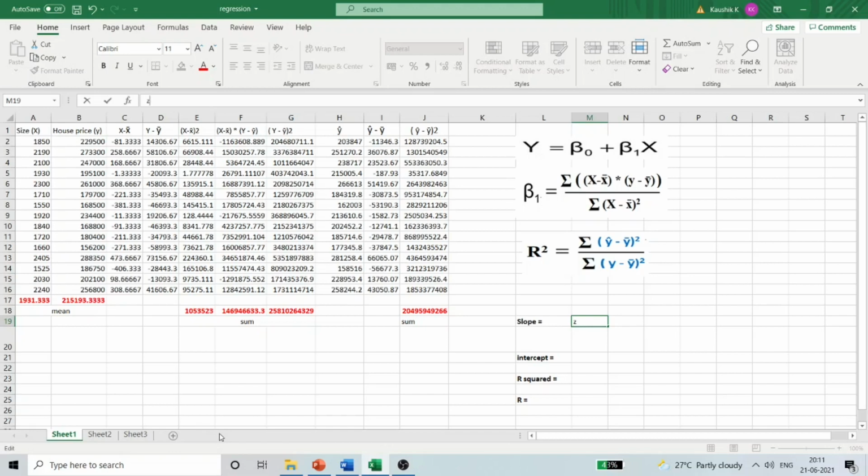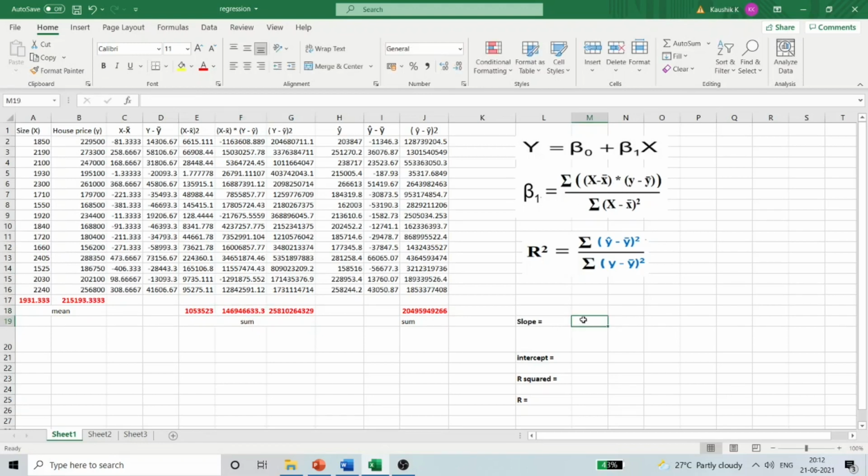So with this, first let me calculate the slope value. So what is it? It's this formula, isn't it? Beta 1. So I have the summation of (X minus X bar) into (Y minus Y bar), which is this value.